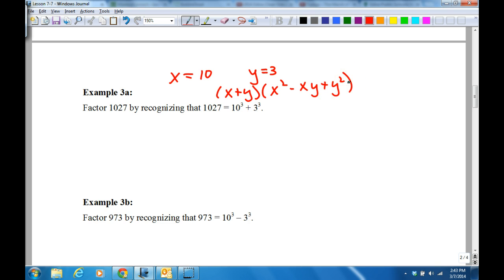So let's just replace our x's and y's here. First one's going to be 10 plus 3, and then the inside is going to be 10 squared minus 10 times 3 plus 3 squared, right?